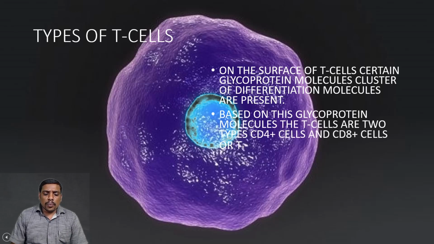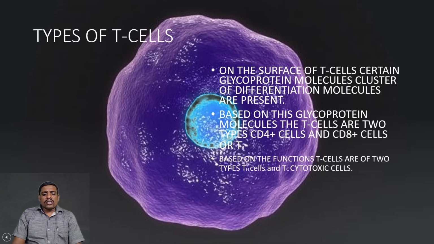Based upon the glycoprotein molecules, the T cells are of two types, CD4 cells and CD8 cells. What are the two types of cells that are seen on the surface of these mature T lymphocytes? Cluster of differentiation 4 cells, and cluster of differentiation 8 cells or T8 cells, we can call them.